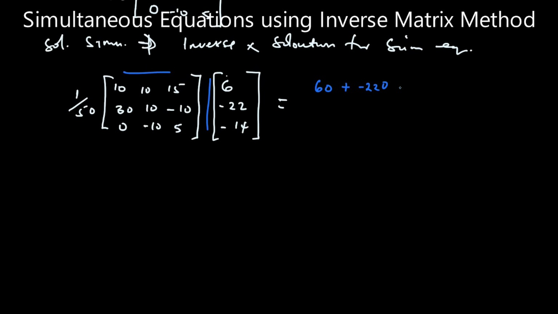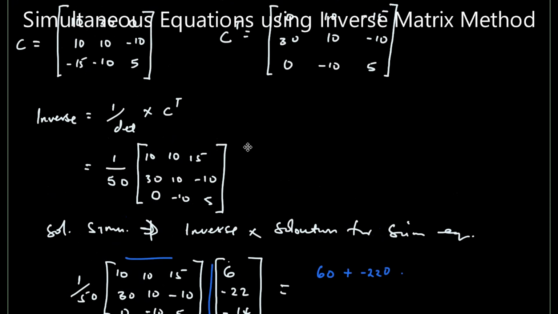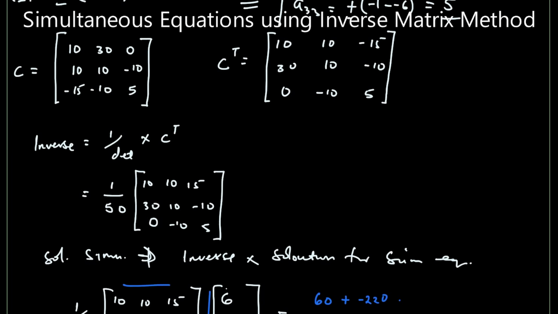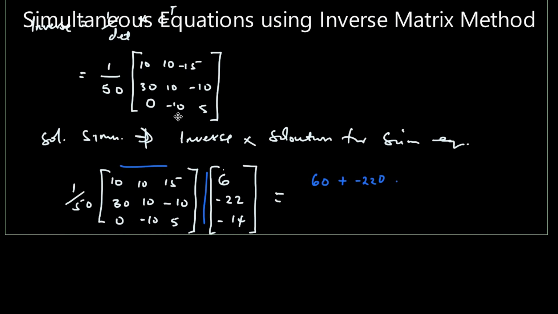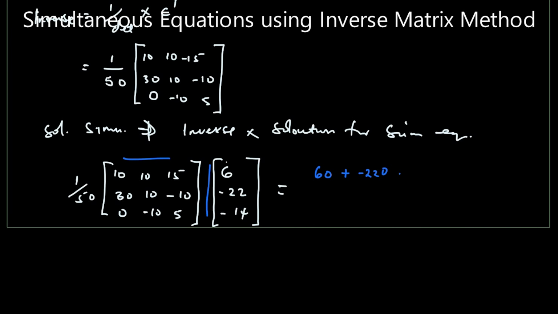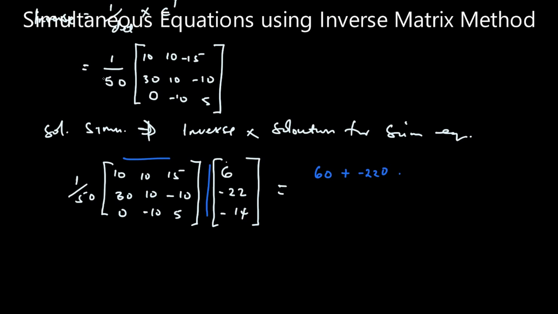This is minus 15 if I'm not wrong. Let me just confirm. Yeah, there's somewhere we went wrong here. This should have been minus 15, and also this one should be minus 15.